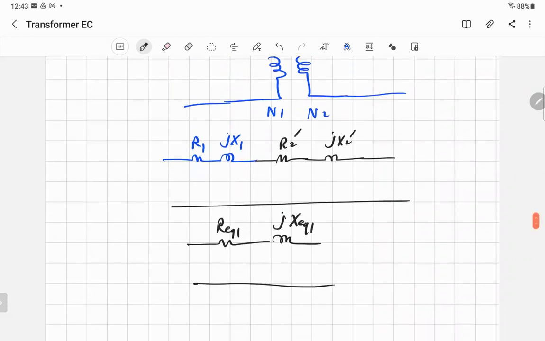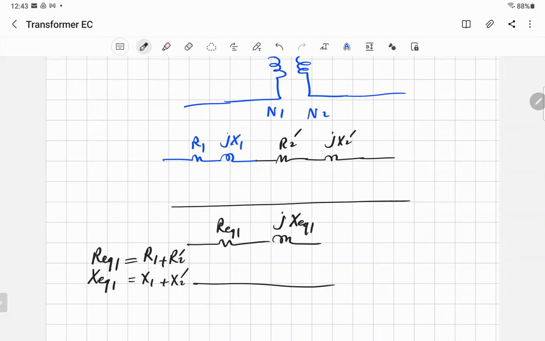So simply that's the equivalent of your transformer, ignoring the magnetizing branch, where R equivalent 1 equals R1 plus R2 dash, and X equivalent 1 equals X1 plus X2 dash. That will be the equivalent impedance of the transformer referred to side 1. If you want to do the other side, you can do the same thing, and you will have R equivalent 2 and X equivalent 2.